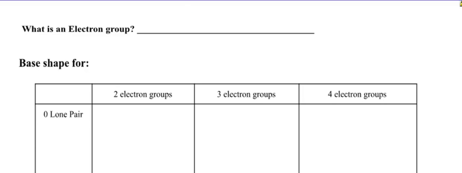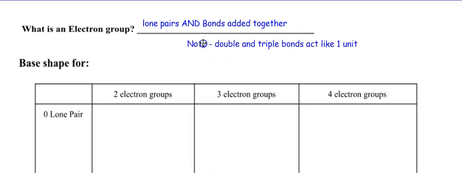So we start with VSEPR and talk about, well, what is an electron group? All right, where are the electrons? Well, you have two possible places for electrons. You have lone pairs and bonds, and the actual bonds are added together. So when I ask about how many electron groups you have, I'm talking about how many lone pairs a central atom has and how many bonds you have, and you add that together.